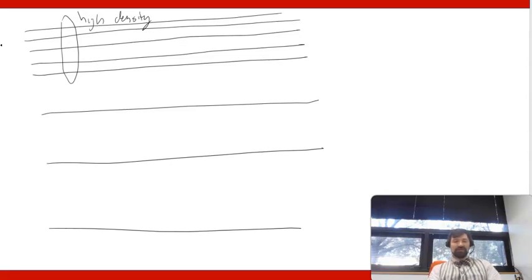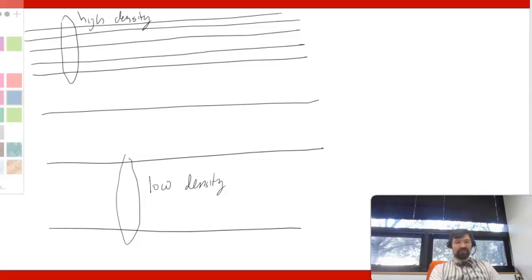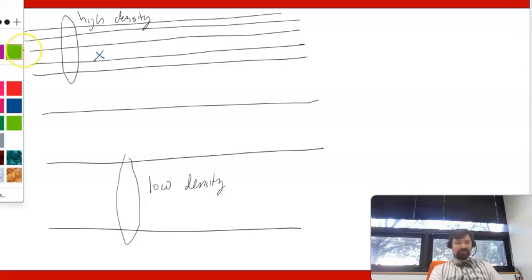And then somewhere down here, here's a loop of equal size, actually maybe a little bigger. This would be low density. There are not very many lines per space. There's no line, say, right here. I'll make a little mark in, let's say, green for contrast. Whoops, I didn't select the green though.